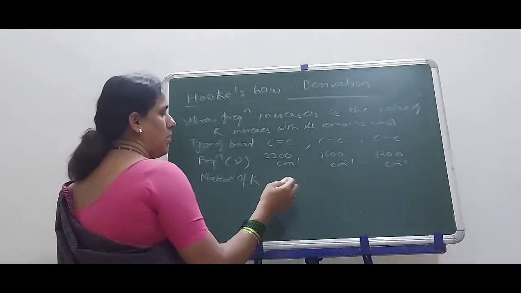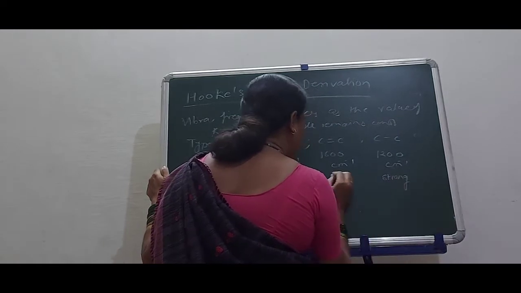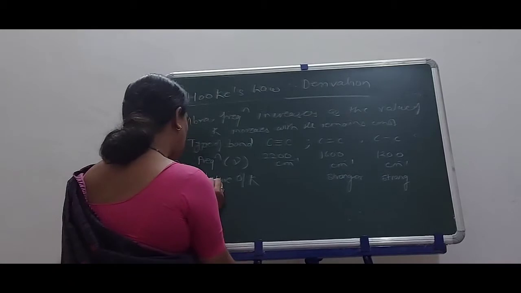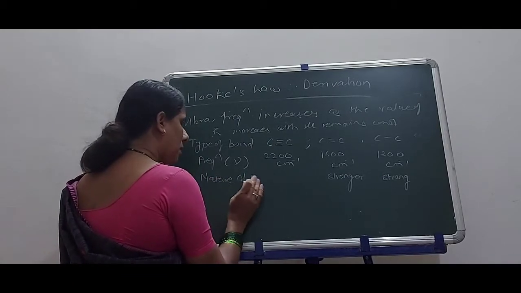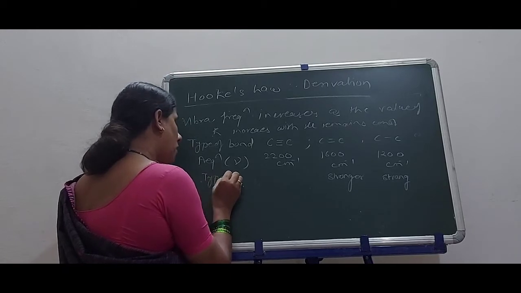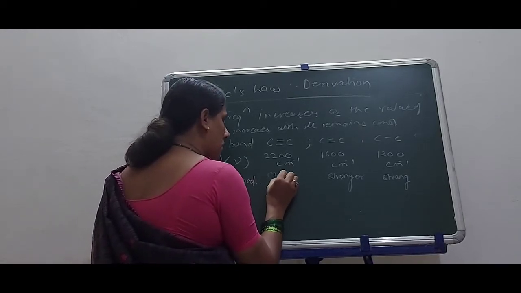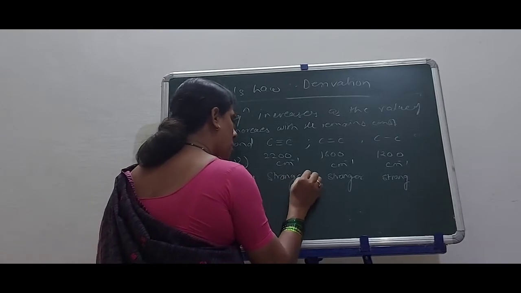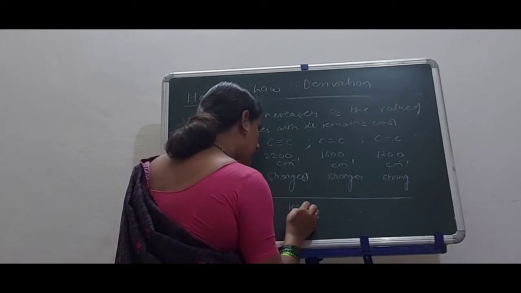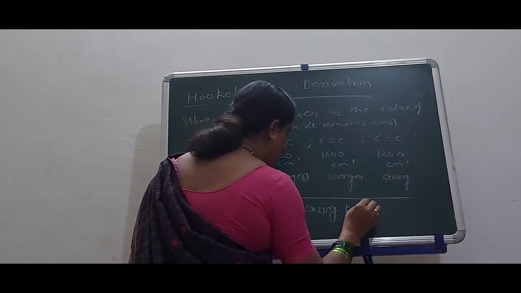Here stronger, instead of nature of K you have to write here type of bond, and here strongest, that is here increasing bond strength.